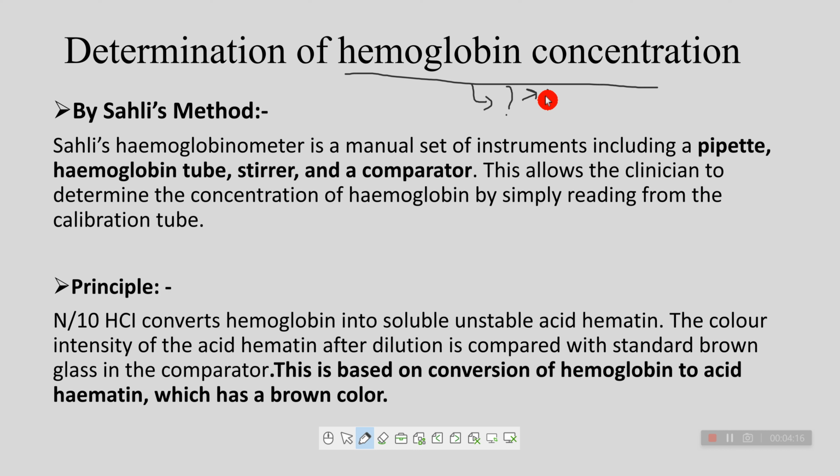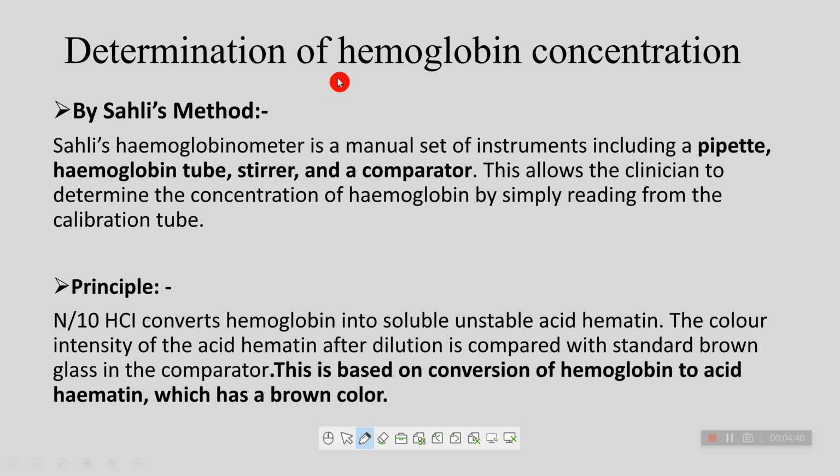It can rule out whether a person is suffering from anemia or not. It can also rule out what type of anemia a person is suffering from, and various hematological disorders related to blood can be ruled out by the determination of hemoglobin concentration.